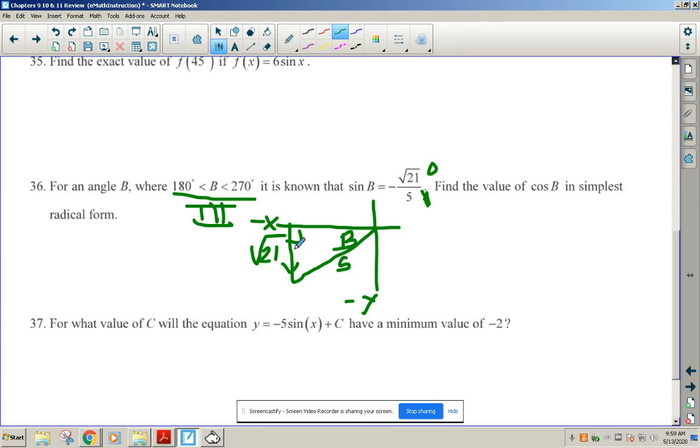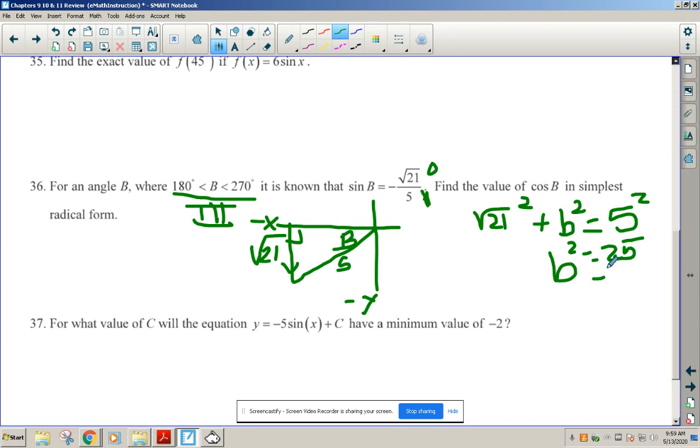So now Pythagorean theorem. I need the altitude squared plus the base squared to equal the hypotenuse squared. Now 5 squared is 25. And rad 21 squared is 21.